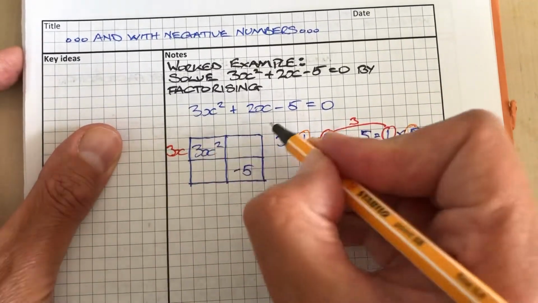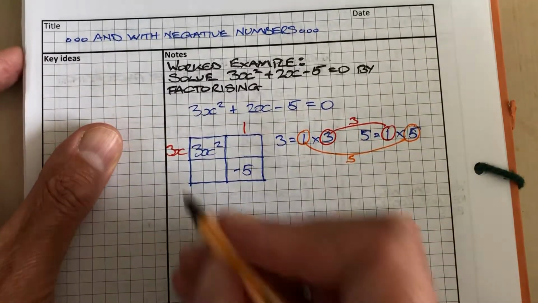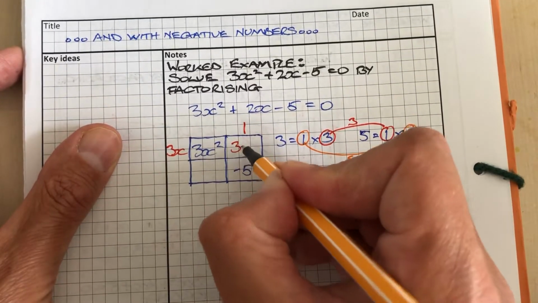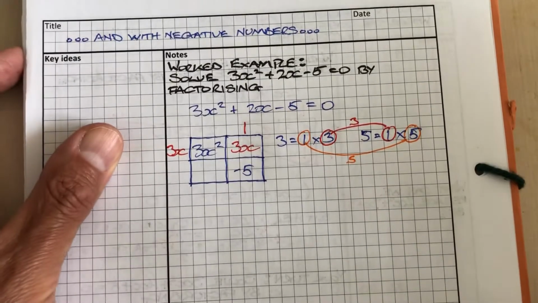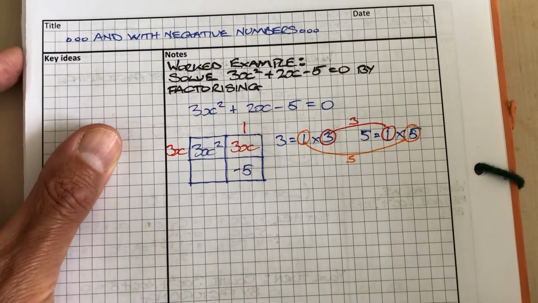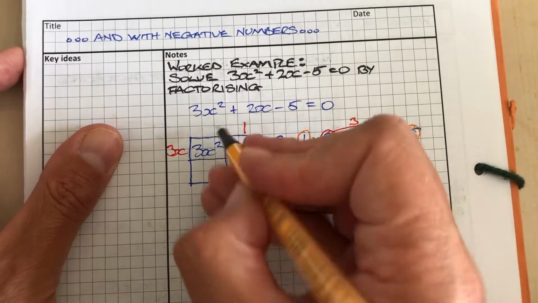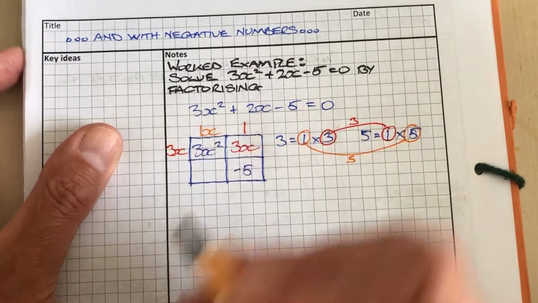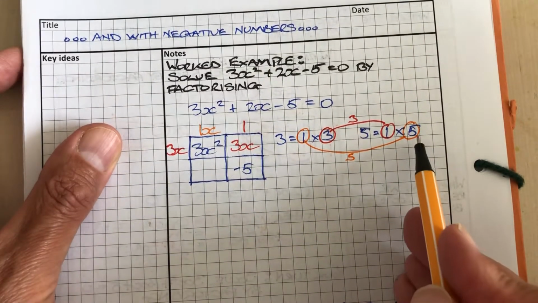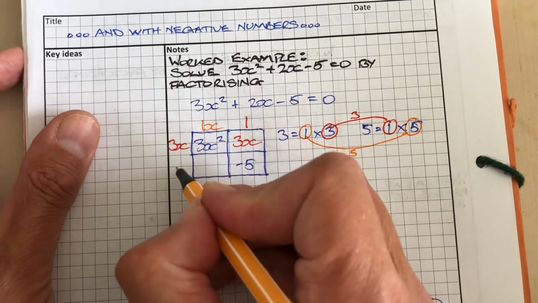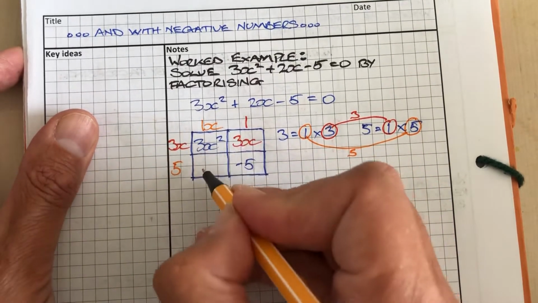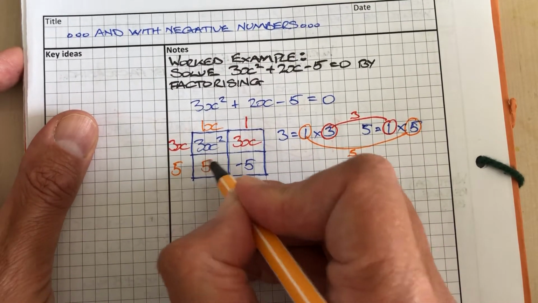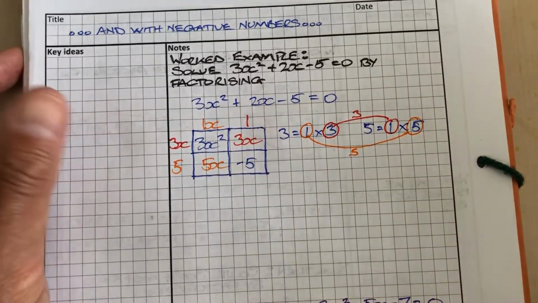So there's going to be a 1 there. 3 times 1 gives me 3x. And if I put the 1x here, it needs to multiply by 5. So I'm going to put 5 here. 5 times 1x is 5x.